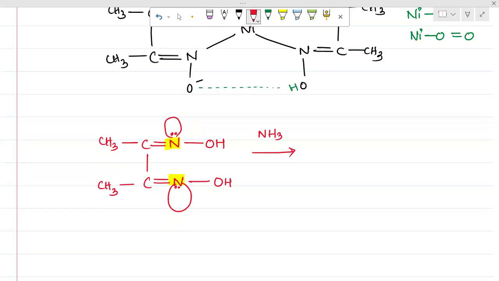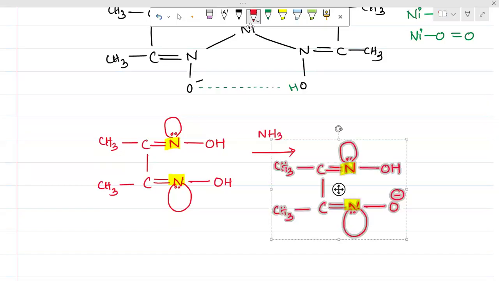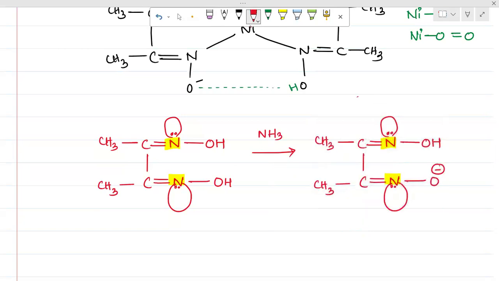Once they add NH3, which is a very weak base, it will abstract only one proton and it becomes DMG whose net charge is -1. Clear, right? So that is about bidentate ligands.